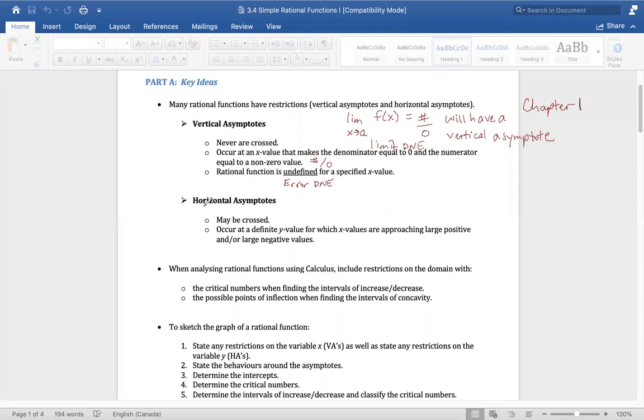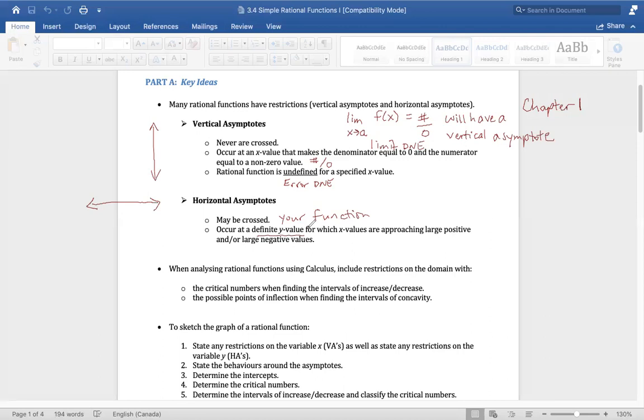Whereas a horizontal asymptote, vertical running this way, the horizontal one is running this way, may cross your function. My graph might cut through the horizontal asymptote. It does occur at a definite y value, which means I won't get that it doesn't exist.